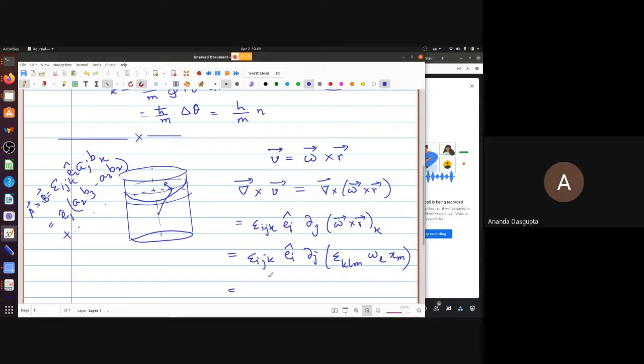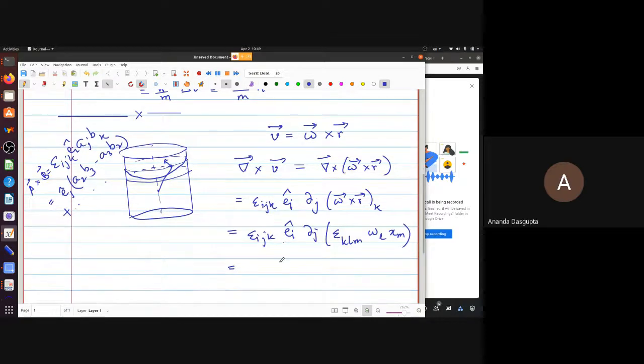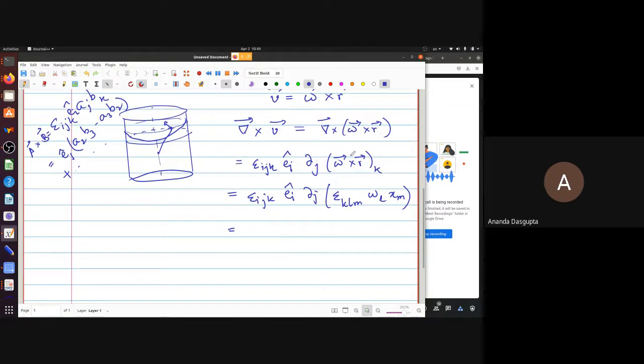Now, when you calculate this curl, it's pretty easy because when you're differentiating this, omega_l is just a constant, so it doesn't get differentiated. There's only x_m which gets differentiated. So you have epsilon ijk, epsilon klm, e_i, omega_l that moves out.